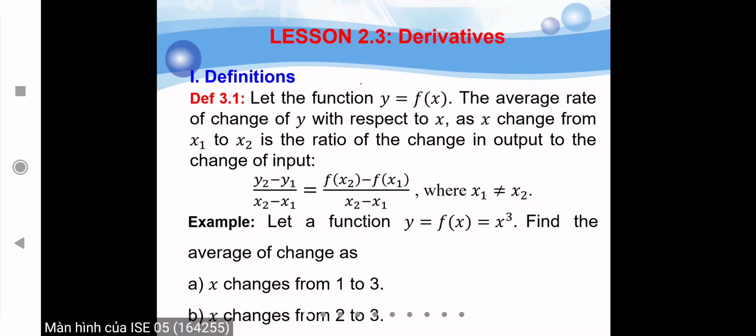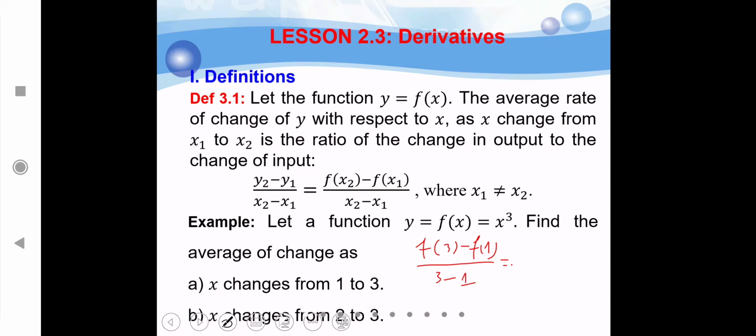The question A, we have (f(3) minus f(1)) over (3 minus 1) equal 13. 3q minus 1 over 2 equal 13.